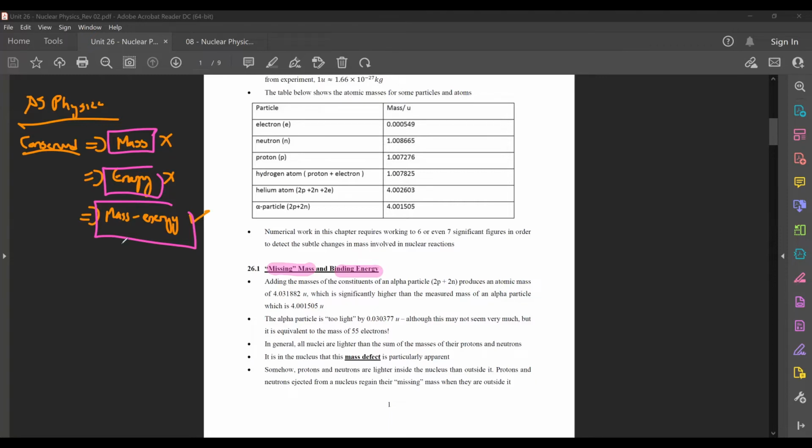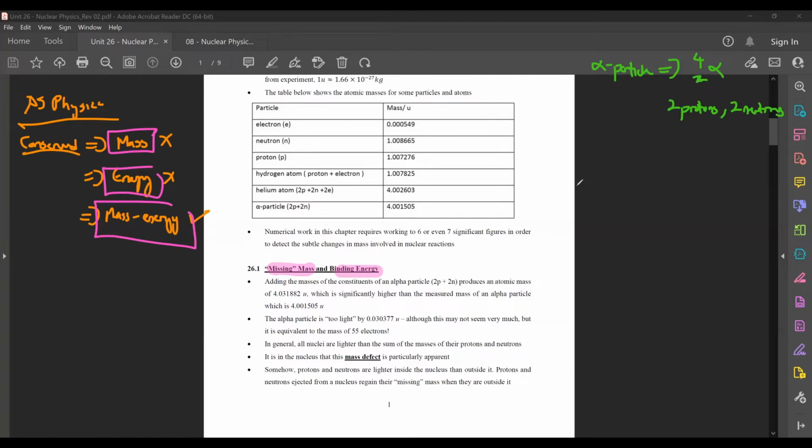If I tell you to look at the composition of an alpha particle, alpha 4 2, you have 2 protons as well as 2 neutrons.